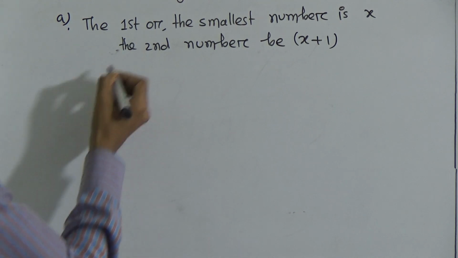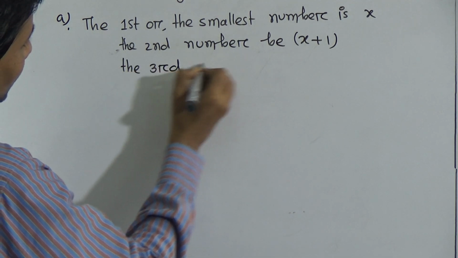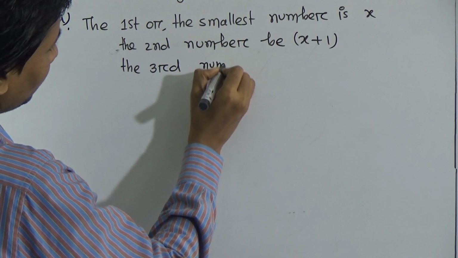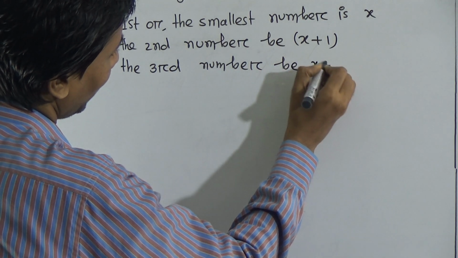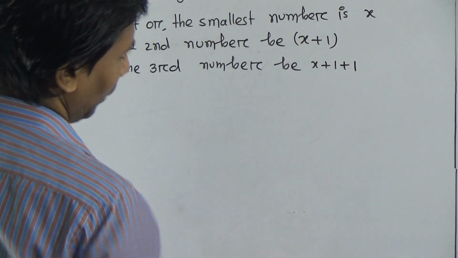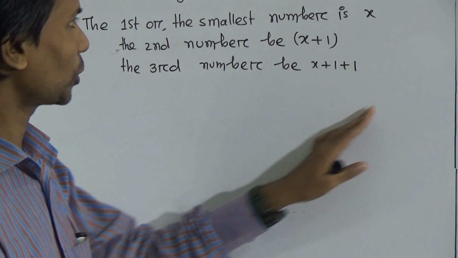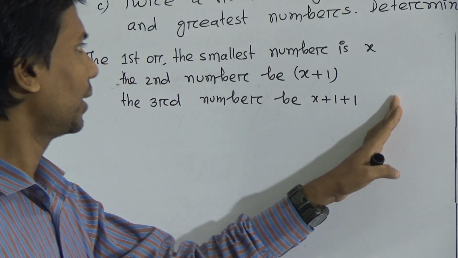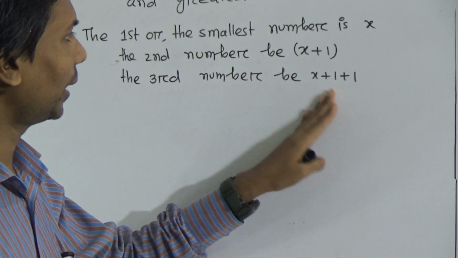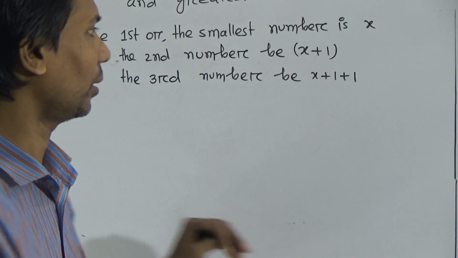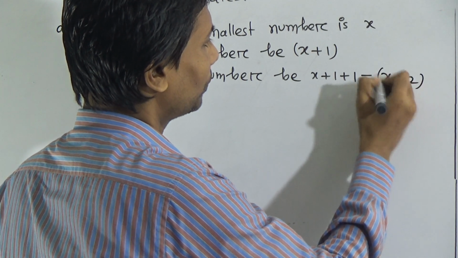Okay, and the third number is x plus 1 plus 1. That means increasing here only by one. Suppose the first number is x, then we add plus 1. Then the third number is x plus 1, then again you add 1. Then we get x plus 2.